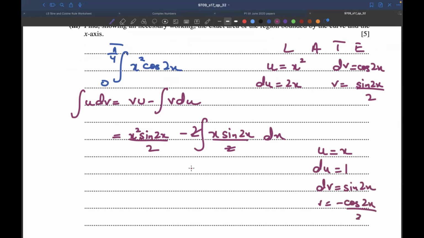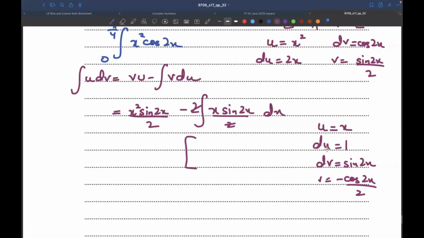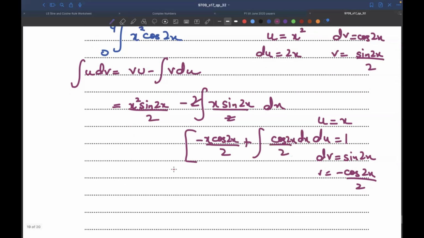So now applying integration by parts over here, we'll get vu again. So vu will become minus x cos 2x upon 2 minus integral of v du. So v is minus cos 2x, so we can make this a plus, cos 2x upon 2 and then dx. Integrating cos 2x, we know that becomes sine 2x.